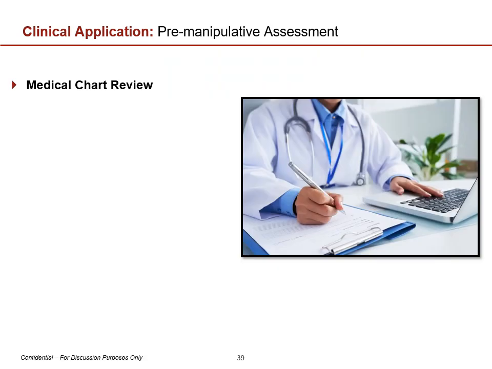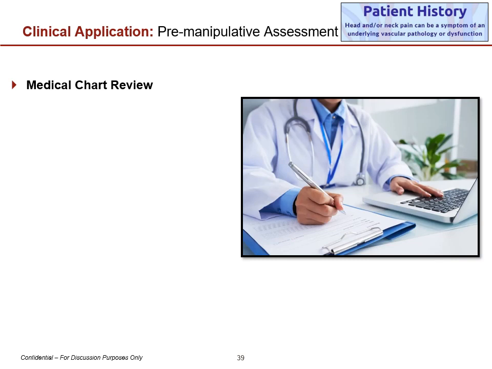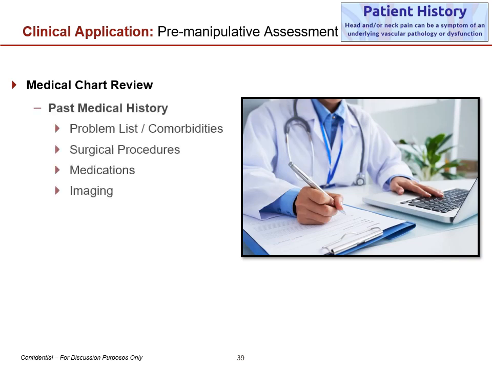Okay, so regardless of the spinal region in question, there's going to be a medical chart review, and within this, you're going to strategically be screening for their problem lists and comorbidities, which will help you to discern contraindications and precautions previously discussed, surgical procedures, current and or historic, medications and imaging if and or available.